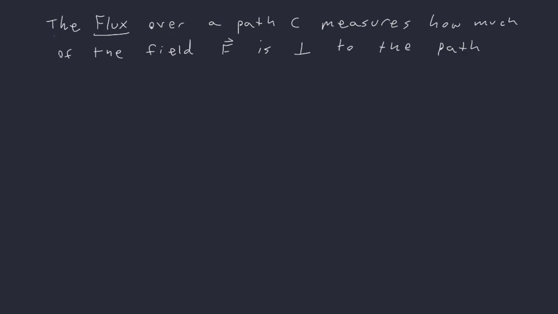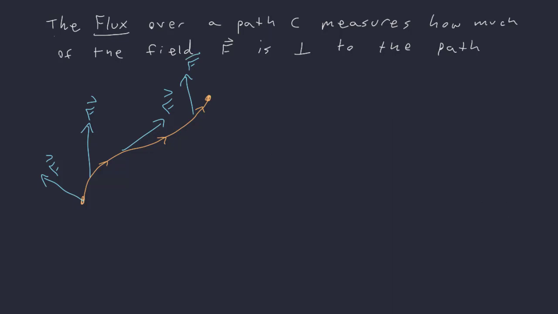For example, with the circulation, say we had our path and we had our vector field. Let's say here's our F, it's behaving this way, however it might be acting.